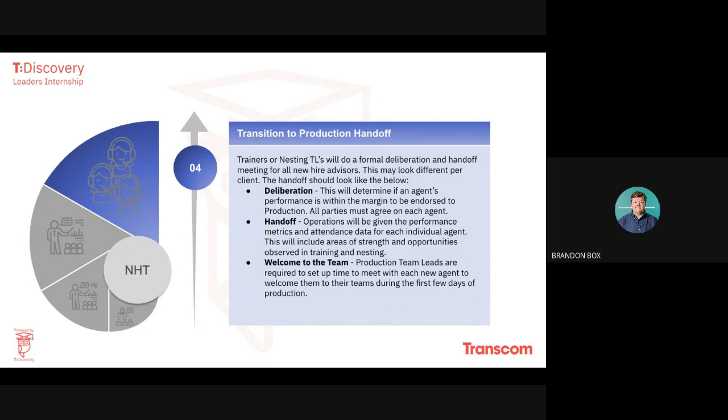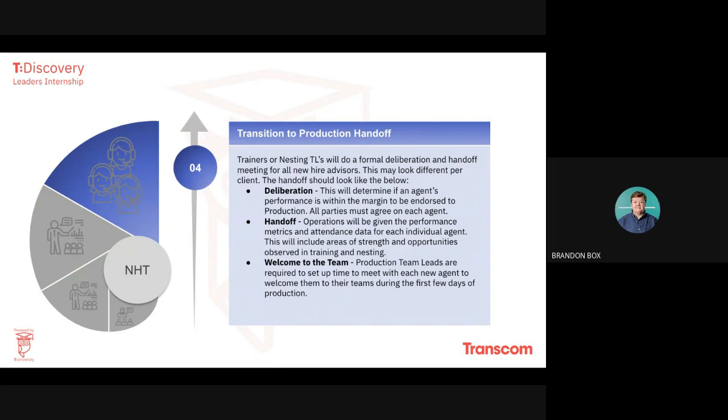So this determines if their performance is within the margins to be endorsed to production. So all parties have to actually agree on this. We won't talk about it here today, but potentially if they do not pass deliberation, then we will do some remediation for maybe an additional week, and then move that person into production after that. Or depending on the severity, they may no longer continue with Transcom.